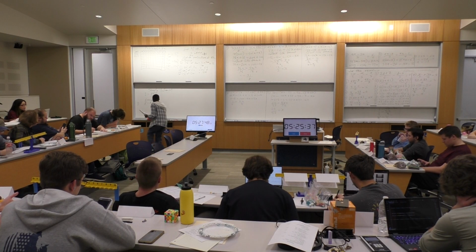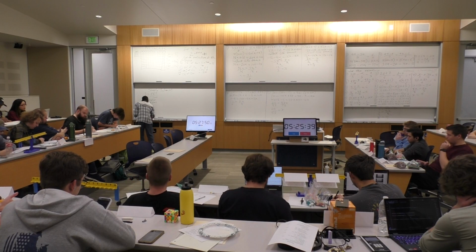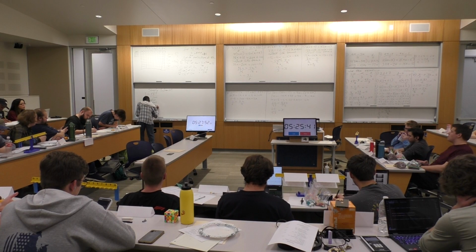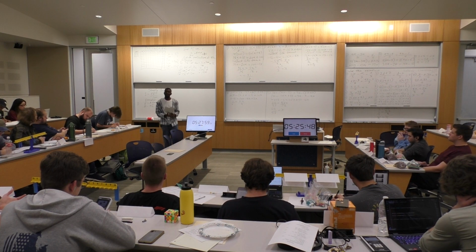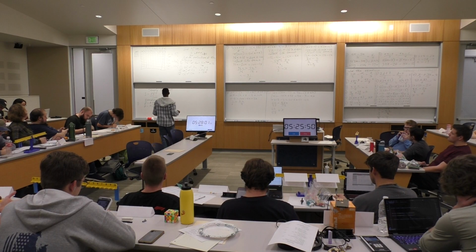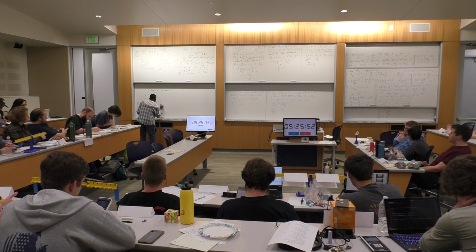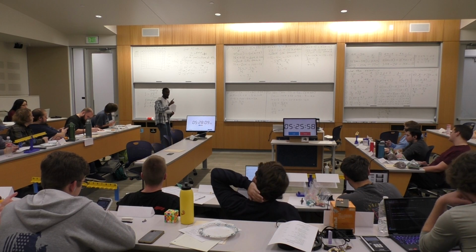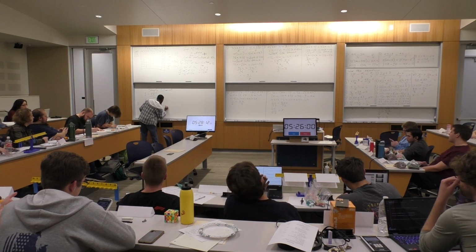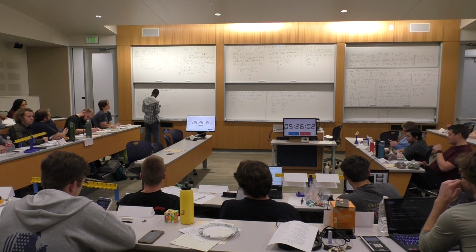That means the rate is 4%. If you change this 4%, 4% means 4 over 100. Is that clear? 4 over 100. And in decimal it is 0.04.